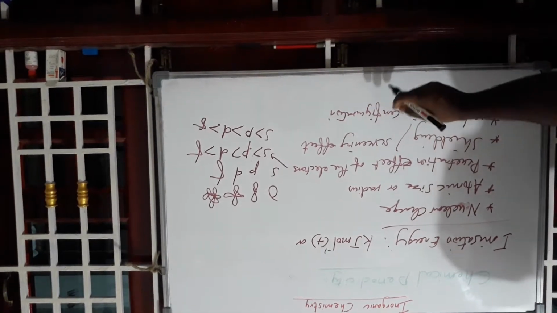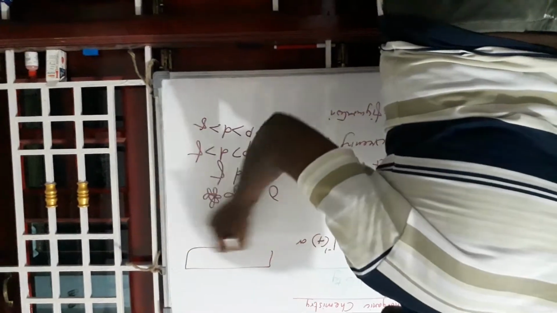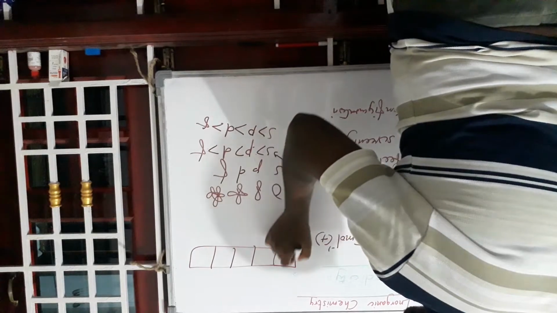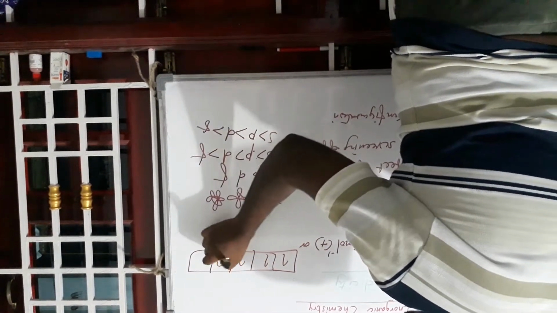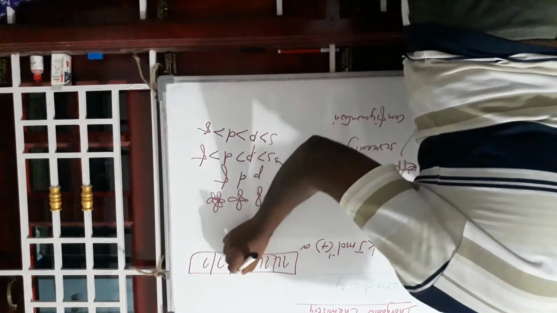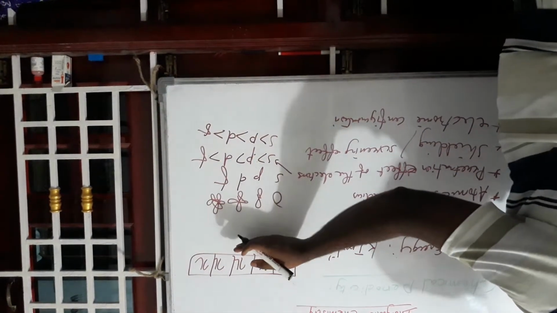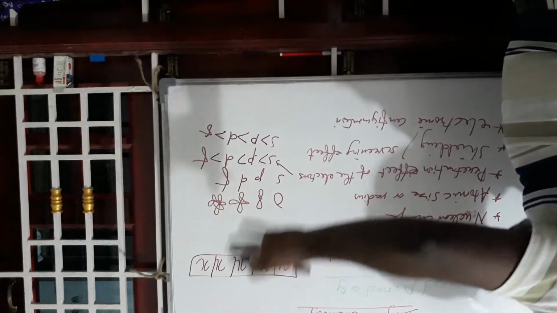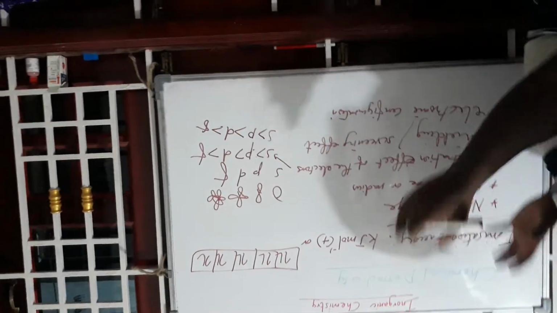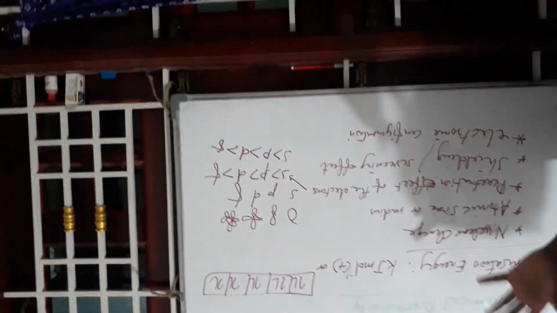In electronic configurations, if an orbital, for example the d orbitals, is fully filled, it has a more penetrating effect.